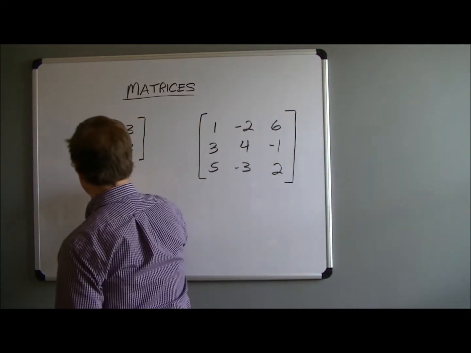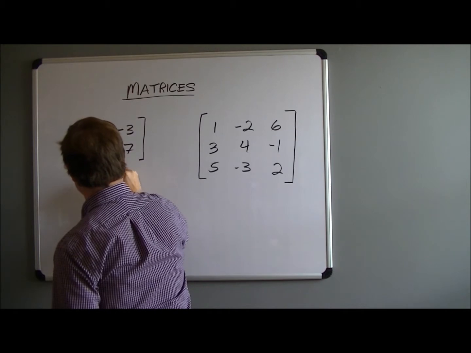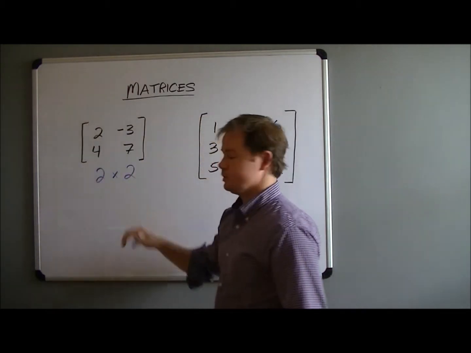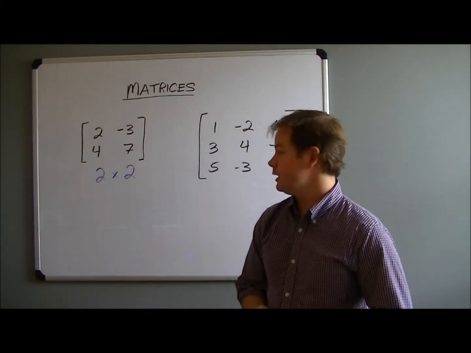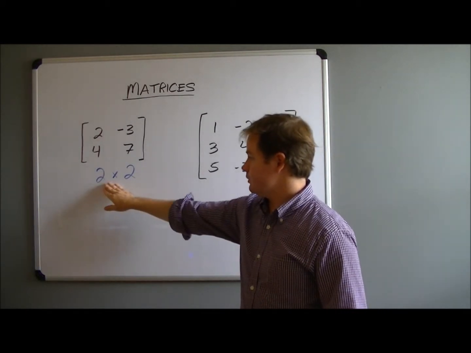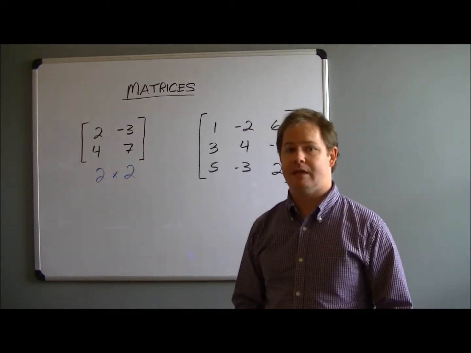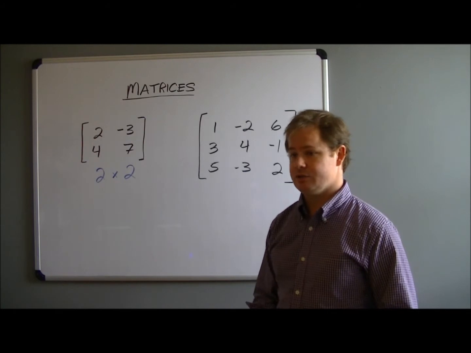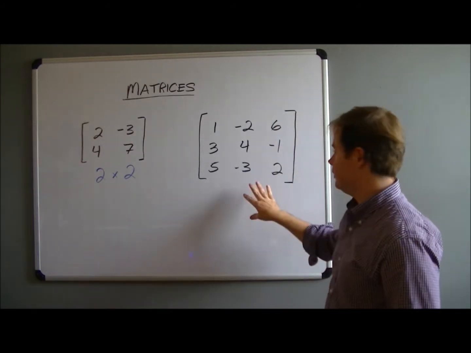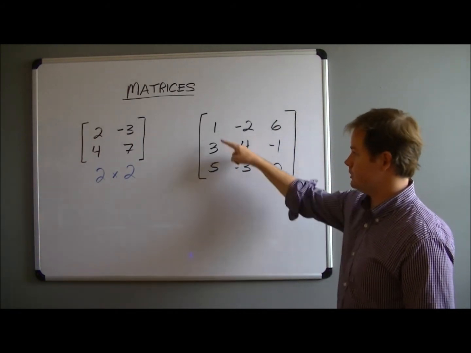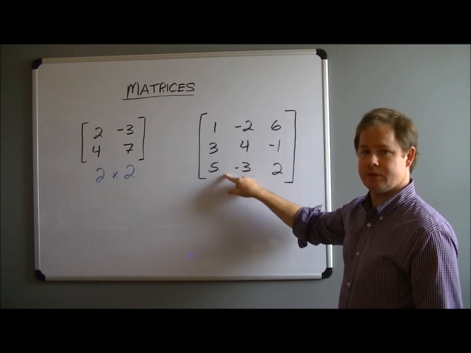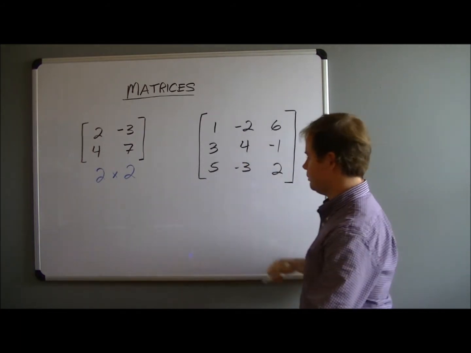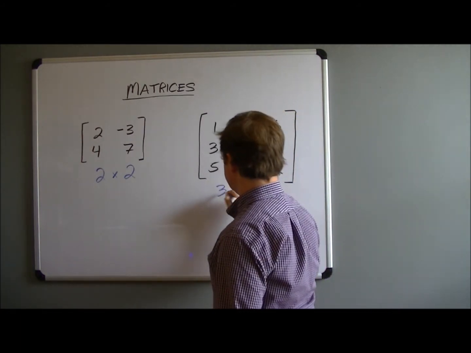So the dimensions of this matrix would be 2 by 2, and we use the little x like the multiplication sign to indicate by. So we have a 2 by 2 matrix, showing that that matrix is 2 rows and 2 columns. This matrix is a little bit larger. We see that we have 3 rows and 3 columns, so this would be a 3 by 3 matrix.